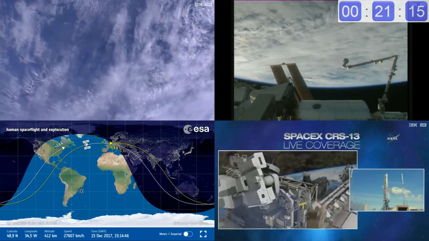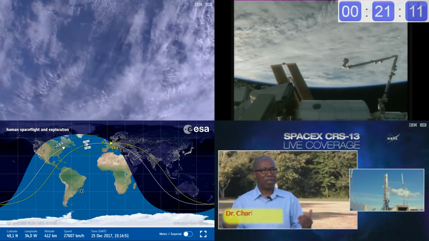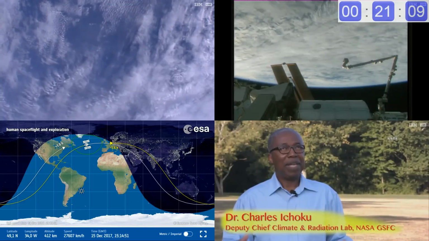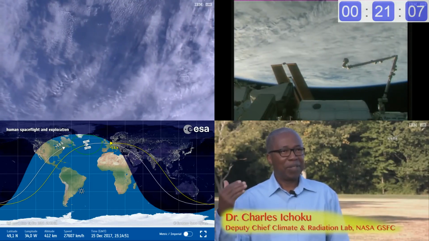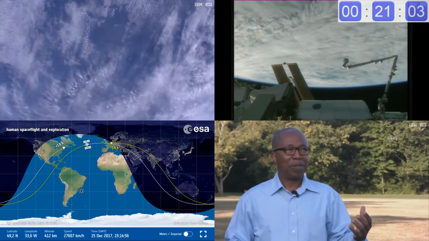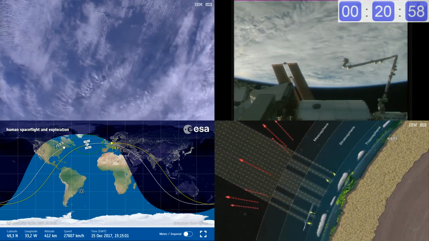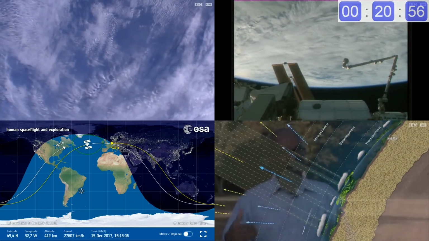It is important to know that the sun supplies virtually all of the energy coming to Earth. But in between the Earth and the sun, there is the atmosphere. And in the atmosphere, there are clouds, there are aerosols, that is particles, there are gases that interfere with the solar radiation reaching Earth.